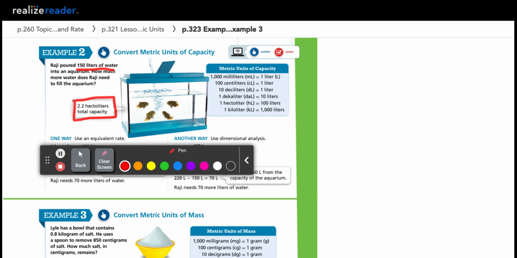So in order for us to figure out how much more water he needs in this fish tank, we're going to have to first figure out how many hectoliters he poured into the fish tank. So we're going to have to convert that 150 liters. Again, liters should stand out to you as being one of those base words, to how many hectoliters. And liters is always a capital L.